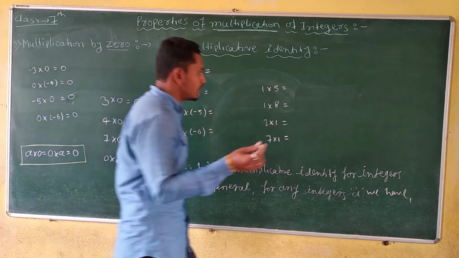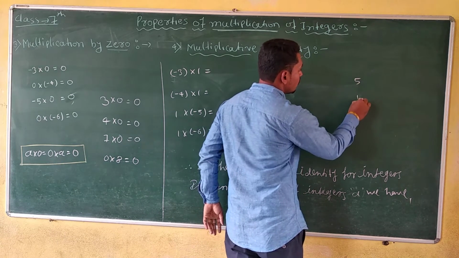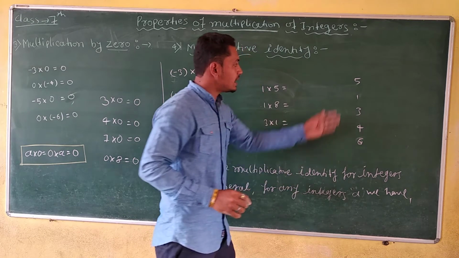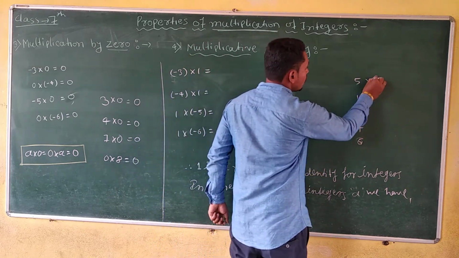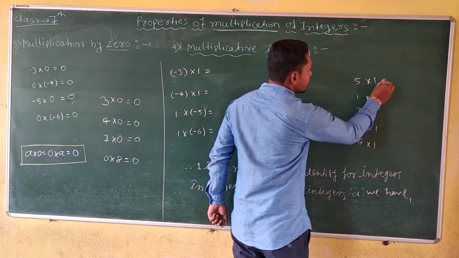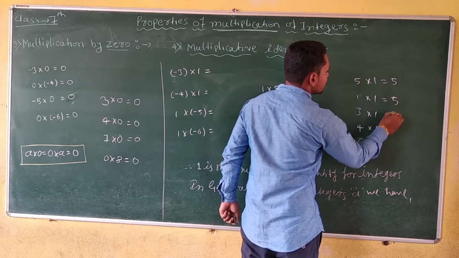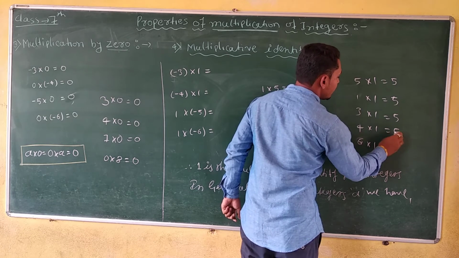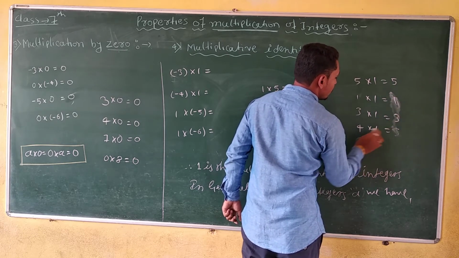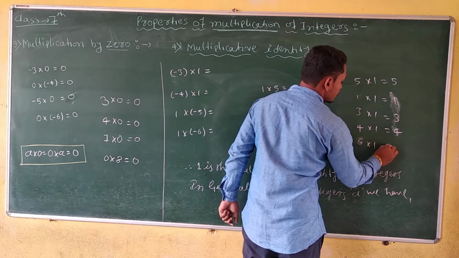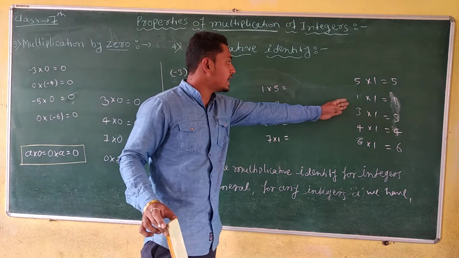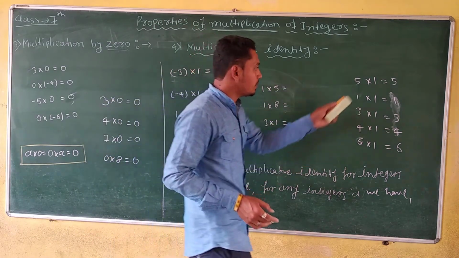Whole numbers are 5, 1, 3, 4, 6. Multiplication with 1 always gives the same number: 1 into 1 is 1, 3 into 1 is 3, 4 into 1 is 4, and 6 into 1 is 6. These show the multiplicative identity for whole numbers.